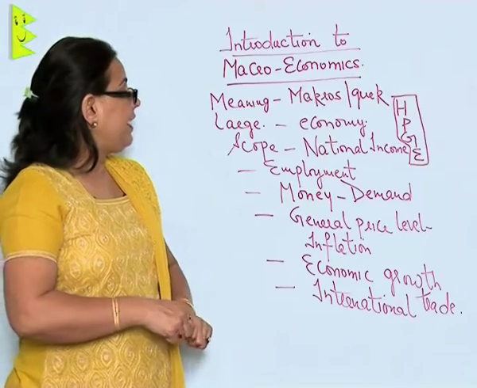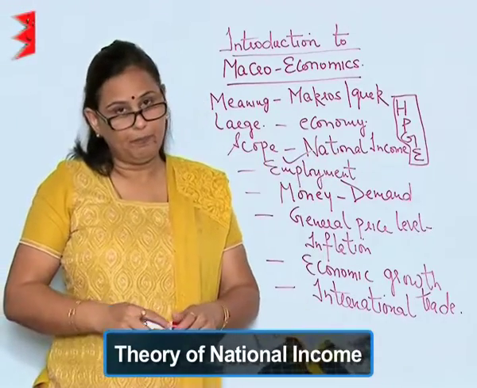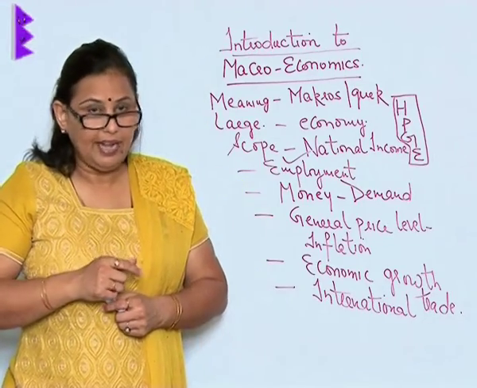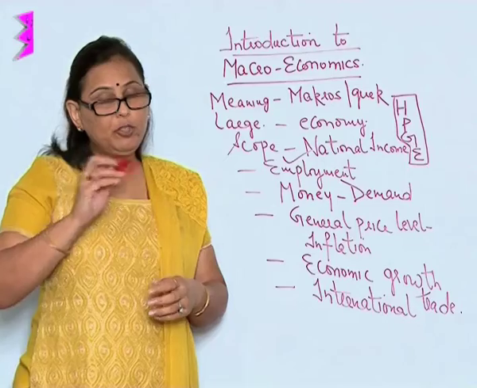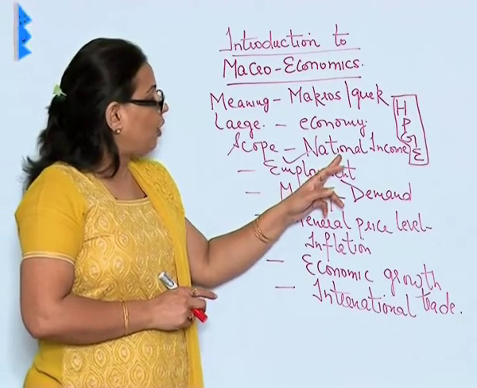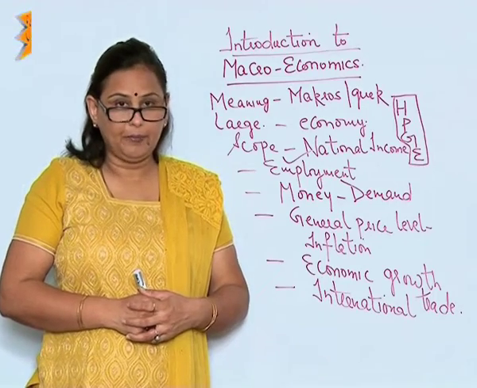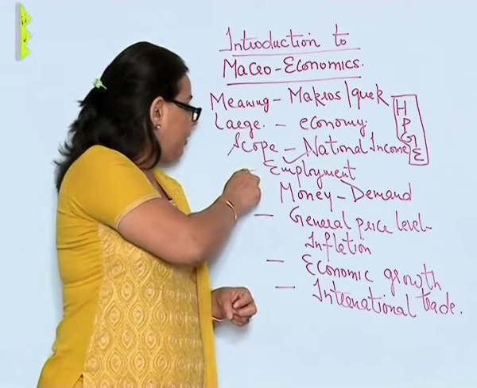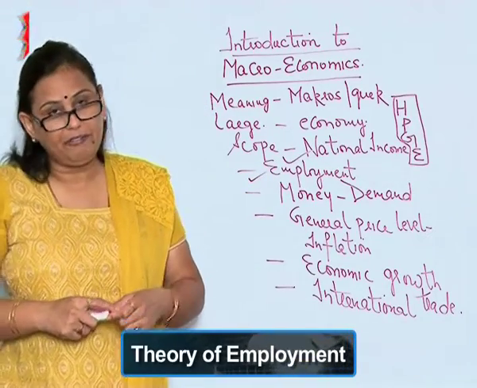So, it is the theory of national income. Microeconomics dealt with the study of household income, individual income, but macroeconomics talks about the national income of the country. The second concept to be discussed is the theory of employment.